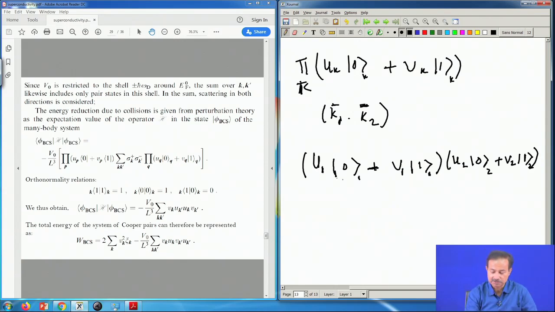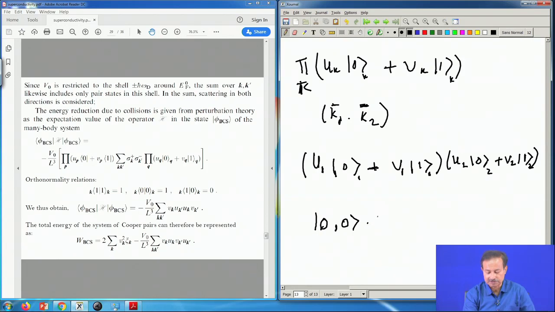This first product is giving me u 1 into u 2 into two zeros. So, it says that both k 1 and k 2 pair states are unoccupied. This is the first term with u 1 into u 2. Second is u 1 into V 2.